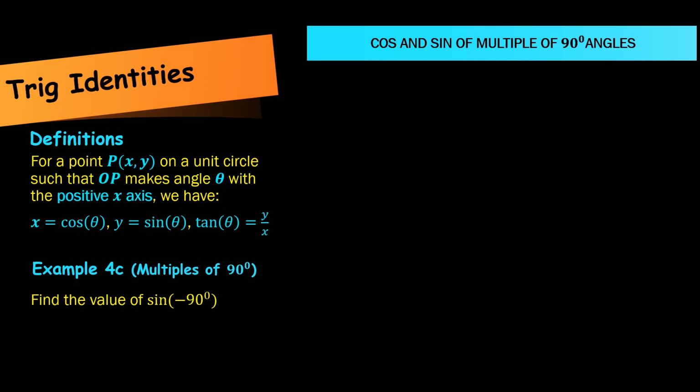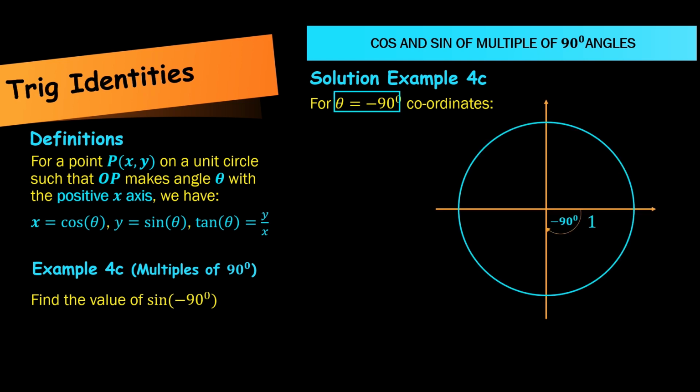What about sine -90 degrees? For theta equal to -90 degrees, we have these coordinates. We're going clockwise this time as we're considering a negative angle. And so minus 90 degrees is actually equivalent to 270 degrees.